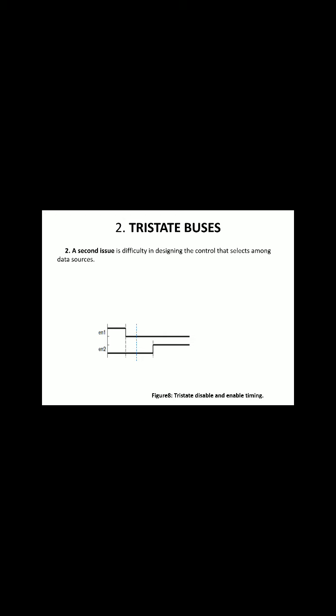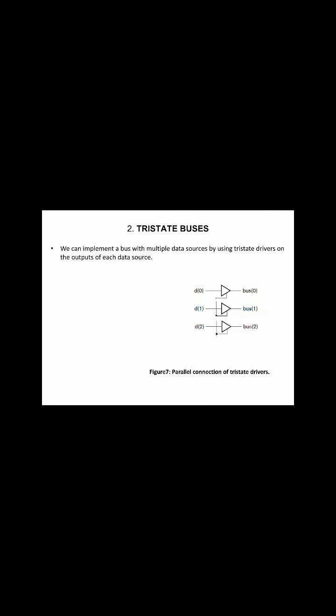We saw in the parallel tri-state buffer connection, let me go back. See here, in this parallel connection of tri-state drivers, there is a common enable signal. This is one set of tri-state buffers, a tri-state bus.